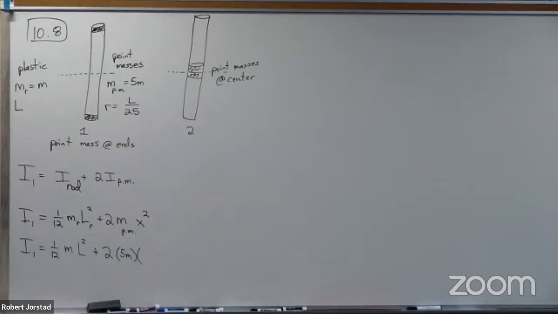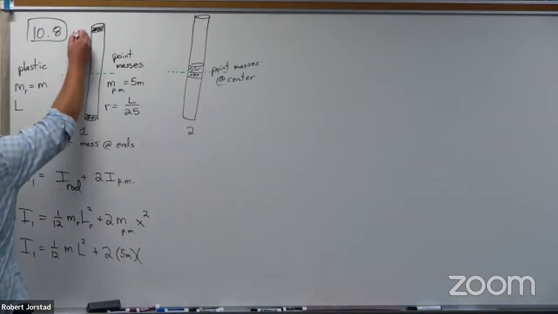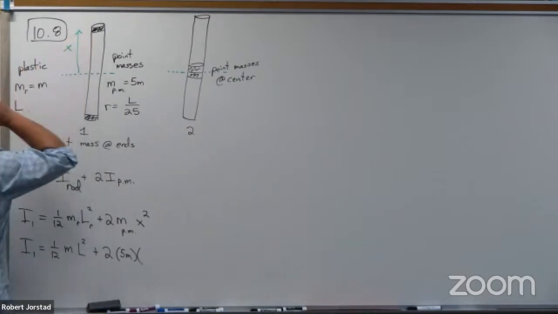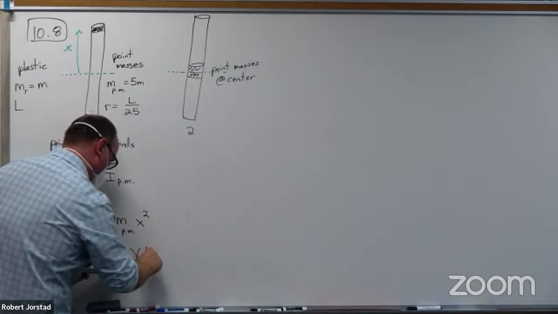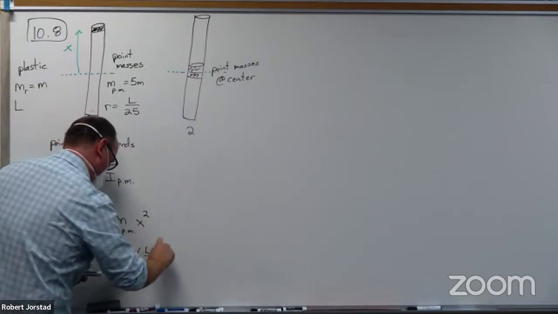For this problem, what's x? What does x mean in this formula? Distance from the axis. Yes. So what is x in this case? L over 2. Yes. And then you got to remember to square it.